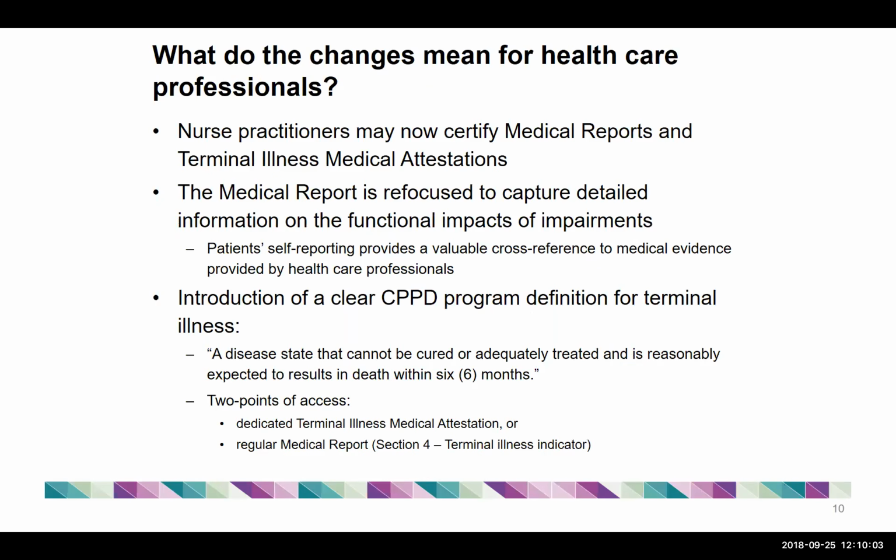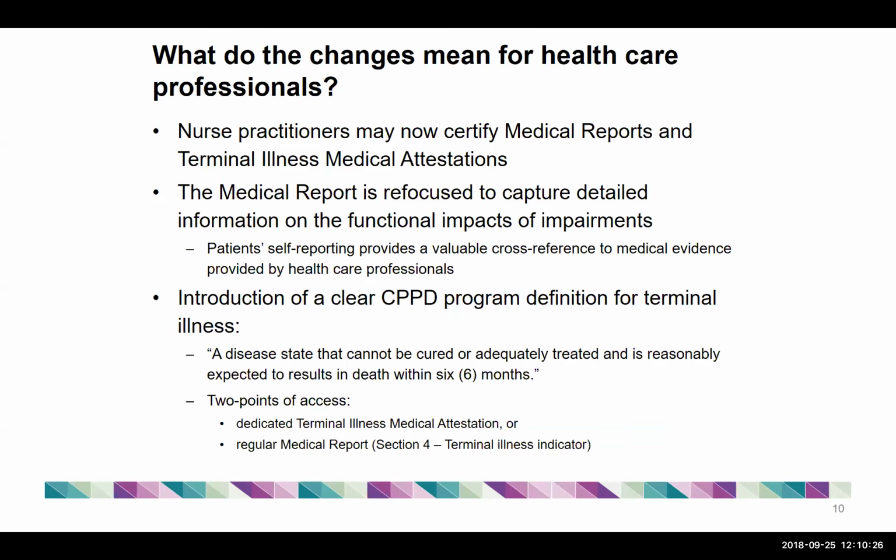Okay, so what does this all mean for healthcare professionals? Well, first and foremost, nurse practitioners may now certify regular medical reports as well as the terminal illness medical attestation. Those are 2 separate forms, and I'll speak to both of them in detail as we move through the presentation.